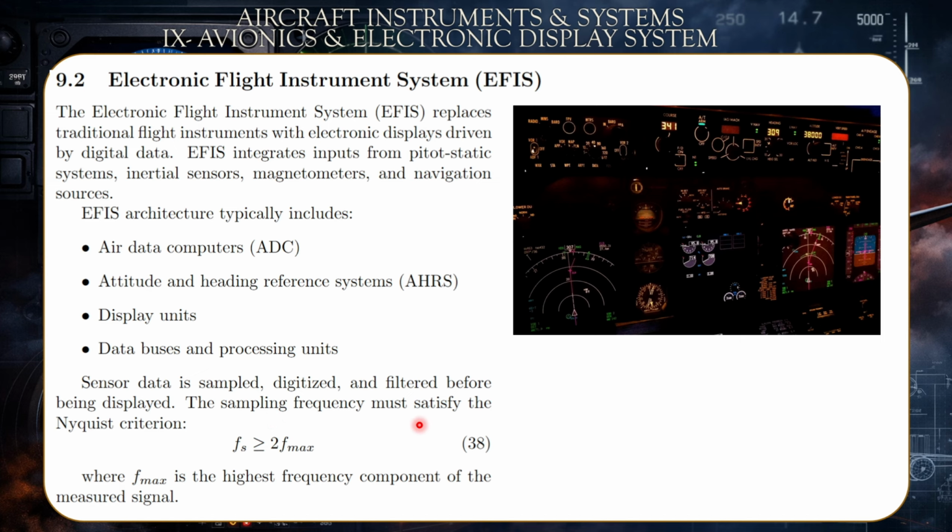The sampling frequency must satisfy the Nyquist criterion: Fs should be greater than or equal to 2 times Fmax, where Fmax is the highest frequency component of the measured signal, the parameter being measured.